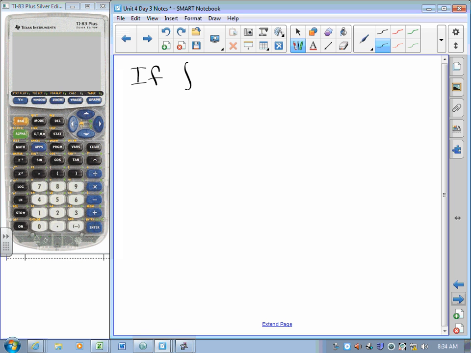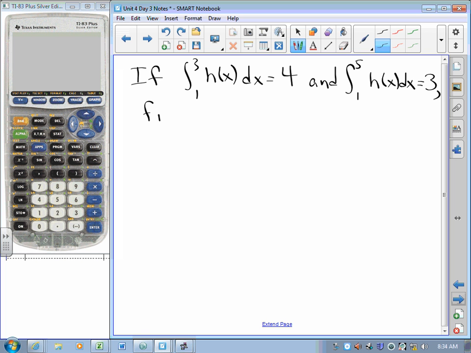Let's pretend that the integral from 1 to 3 of h of x dx is 4, and the integral from 1 to 5 of h of x dx is, I don't know, 3. What if I want to find the integral of h of x dx from 3 to 5?